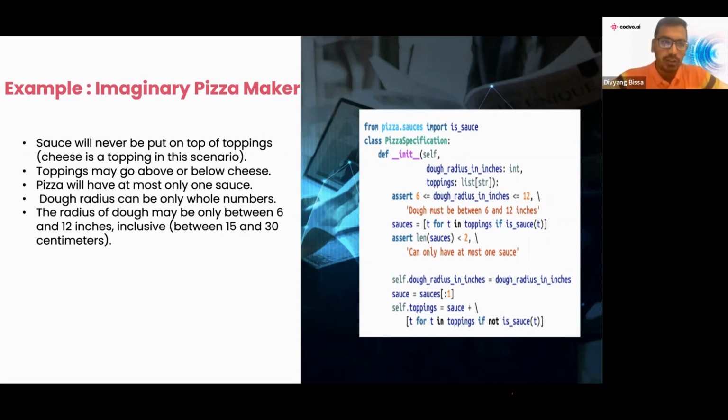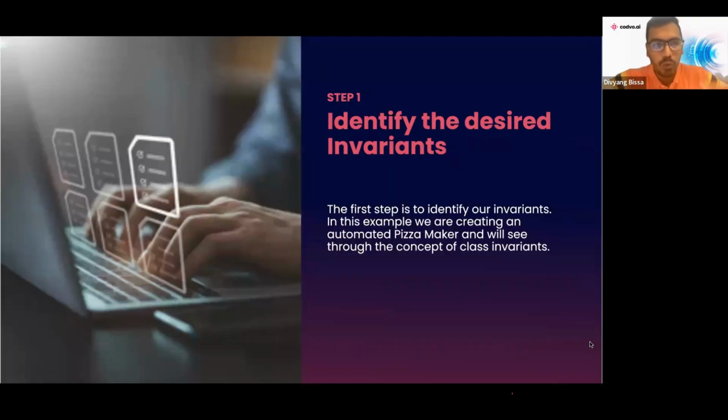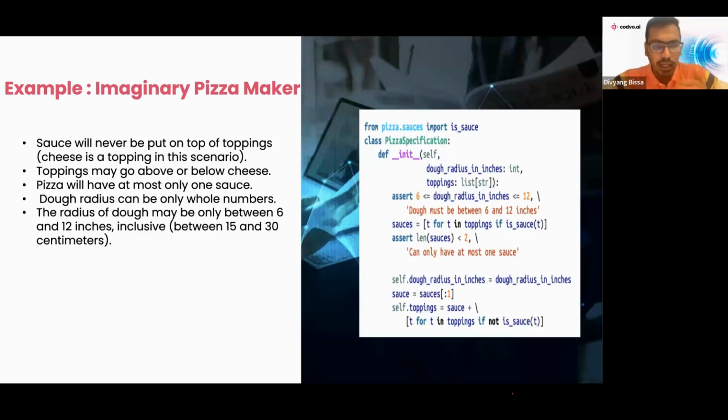Fine. So moving on, if you see the constraints or the invariants that we have defined, the same invariants have been systematically approached here as well, where all these specific code practices are seen. Now, when I'm creating an object of the pizza specification in order to create one order, I need to make sure that these specific parameters are passed, right?